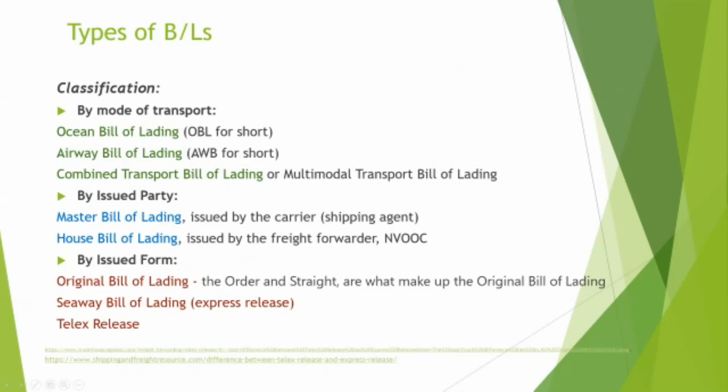Or by issued form, which can be the original bill of lading in paper, and it could be an order or straight bill of lading, or it can be a surrendered bill of lading, where the exporter surrenders the bill to the shipping company. Instead, the shipping company will send the telex to the destination and ask for releasing the goods to the certain consignee. Or we have the C-way bill, which is the express release bill.